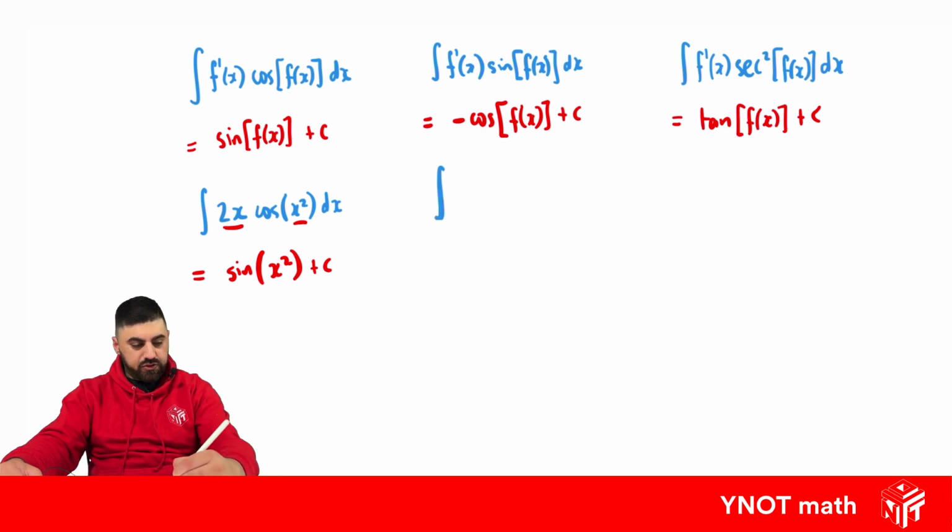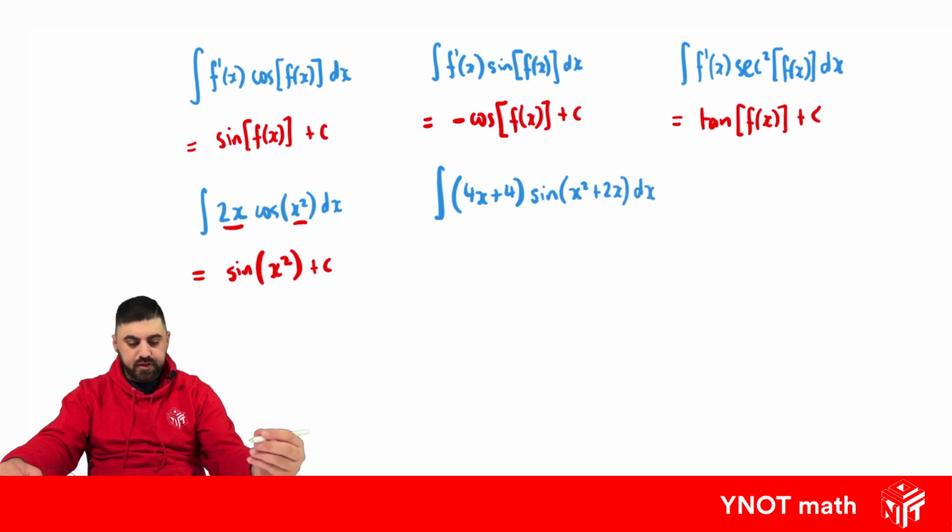Let's have a look at the integral of 4x plus 4, all multiplied by the sine of x squared plus 2x dx. So in this case, our function is x squared plus 2x, and the derivative of that is 2x plus 2, and that's what we need outside of our trig function.